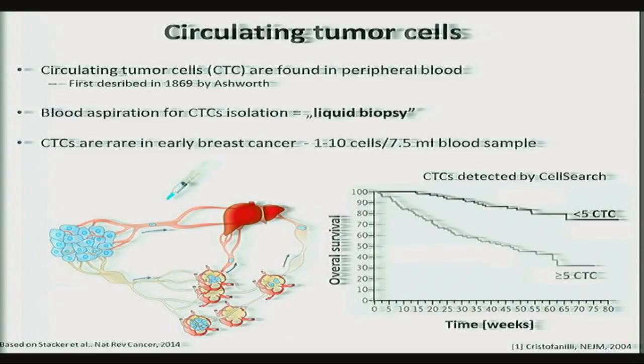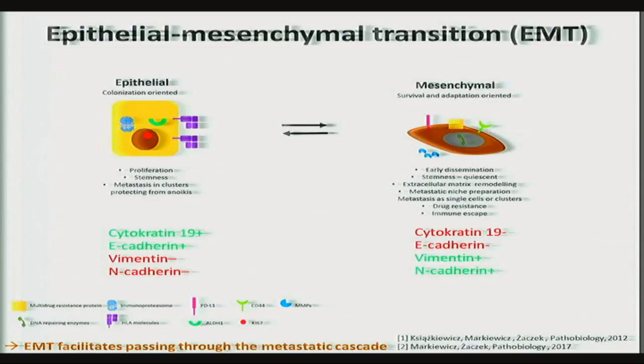Analysis of CTCs is fairly easy. You can just take a blood sample from a patient, a fairly non-invasive method, and then enrich the sample for your CTCs of interest. But once we started working with CTCs and gained more information about tumor biology, we found that the process of epithelial to mesenchymal transition is involved in cancer progression. What is EMT?